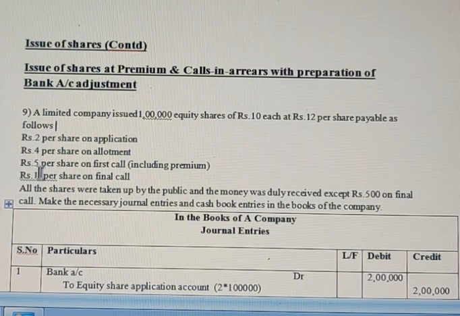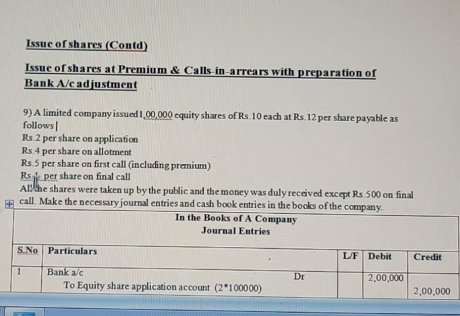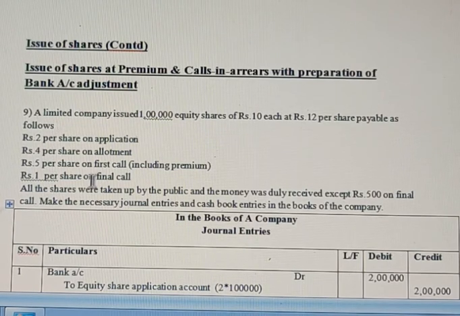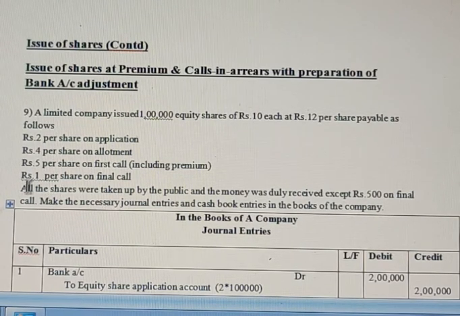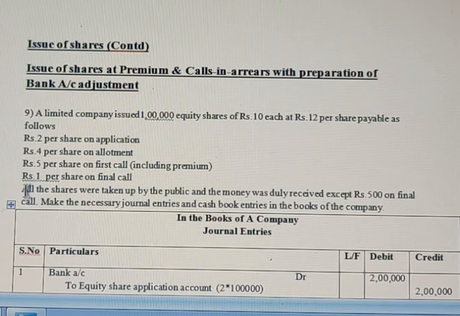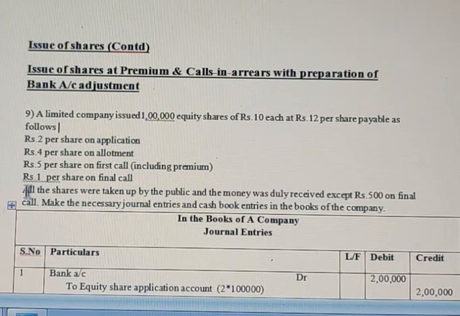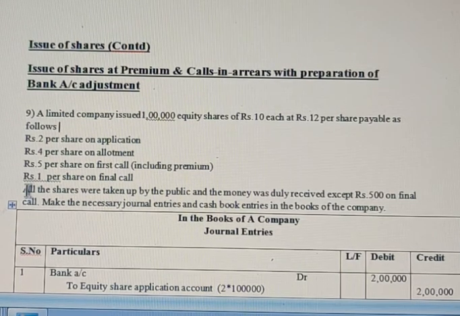So if the premium is 2 rupees, the first call money will be 3 rupees. The last stage will be the final call stage, where you are collecting rupees 1 on all these 1 lakh equity shares. So it is very clear we have 4 stages of issue of shares, where you will give 2 journal entries in every stage.